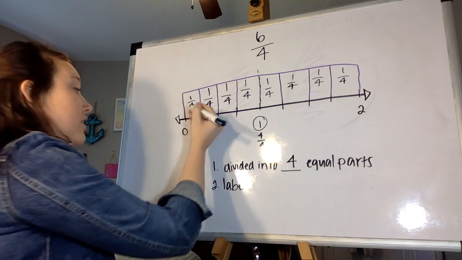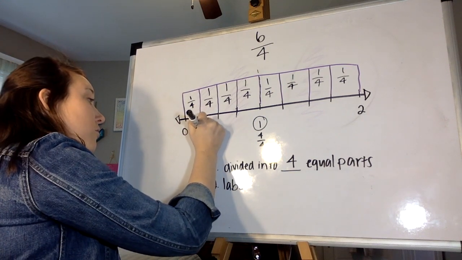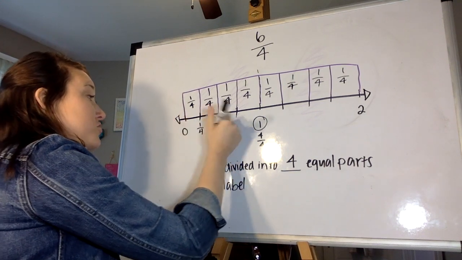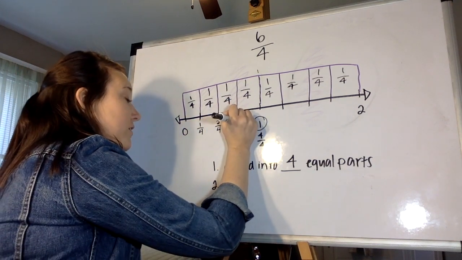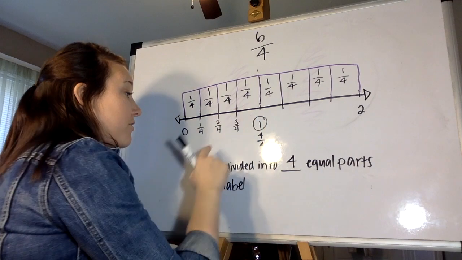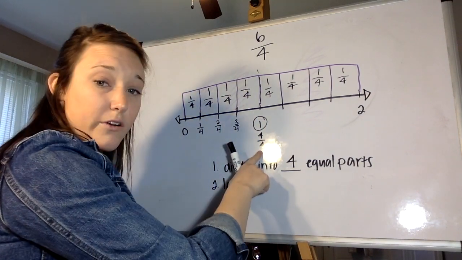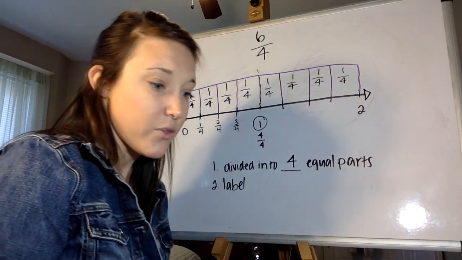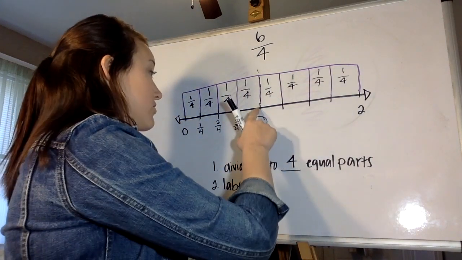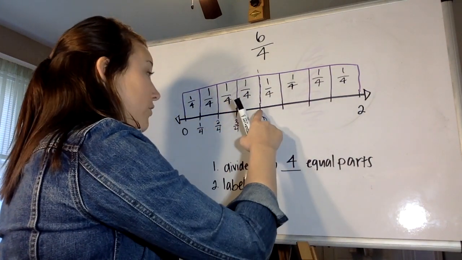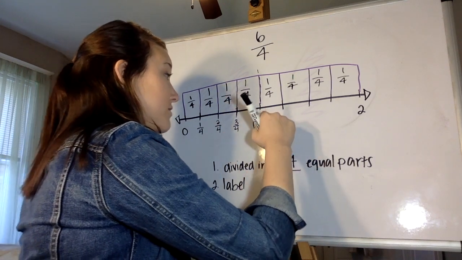All right, so right here I've got 1/4. I go 2 ticks, 2/4, 3 ticks, 3/4, and I'm at one whole. But now what do I do with the rest? Well, I keep moving forward, okay? So 0 to 1 whole is 4/4.